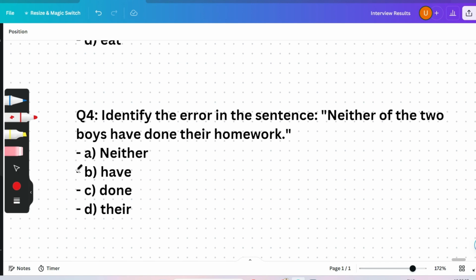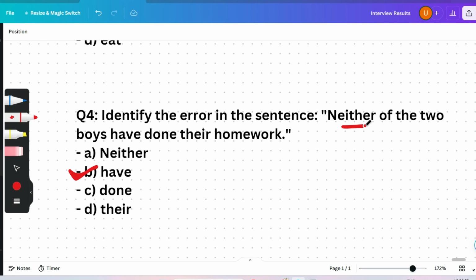In this case, have will be the fault. Because the correct verb should be has. Neither of the two boys. Here neither is actually pointing to one person, like one of the persons.